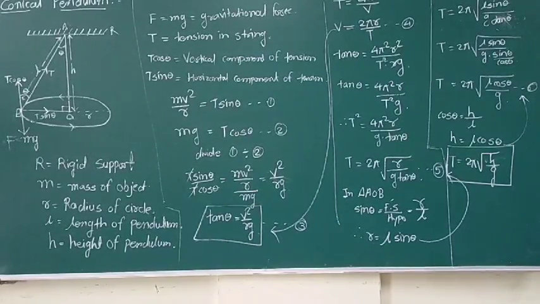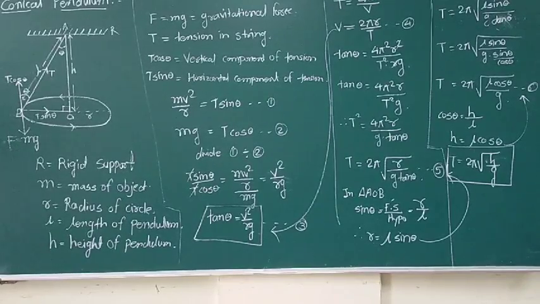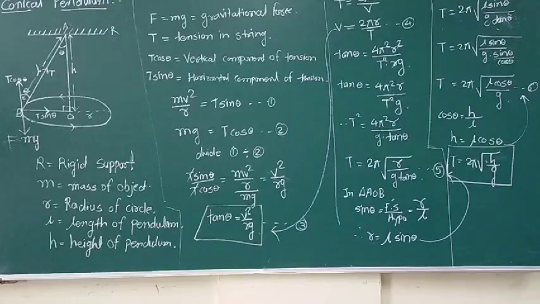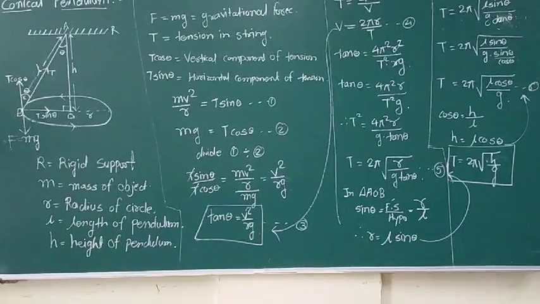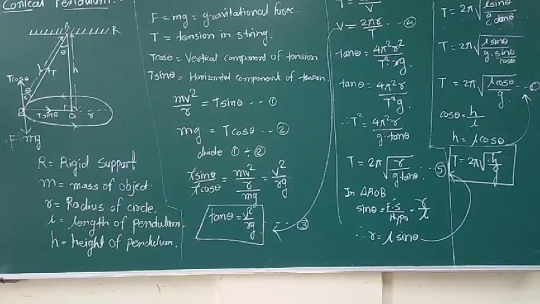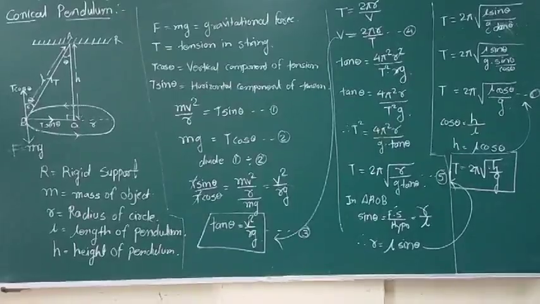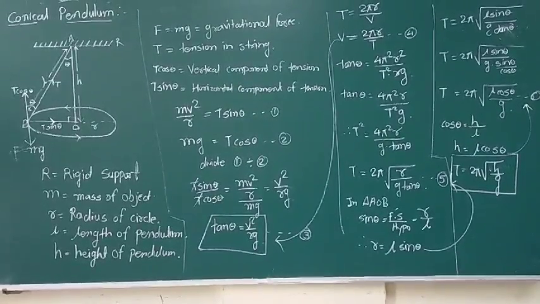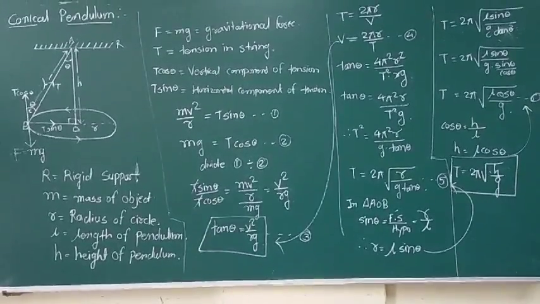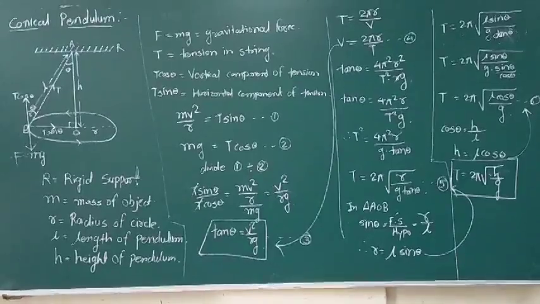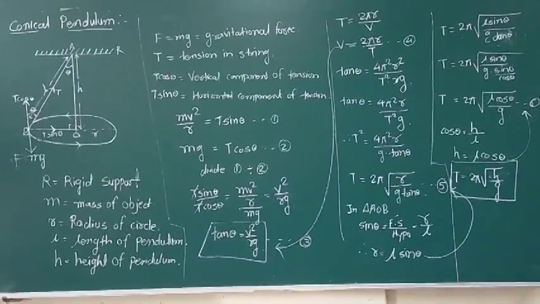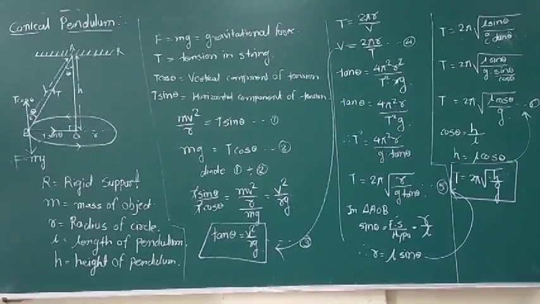Therefore sin theta is equal to r upon L, so r is equal to L sin theta. We substitute the value of r in equation number 5. So we get T is equal to 2 pi into under root L sin theta upon g tan theta.